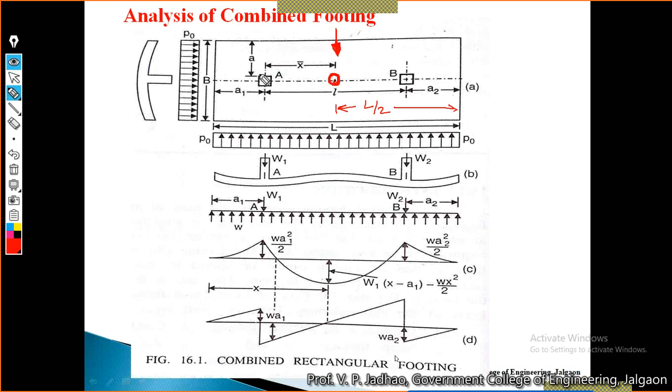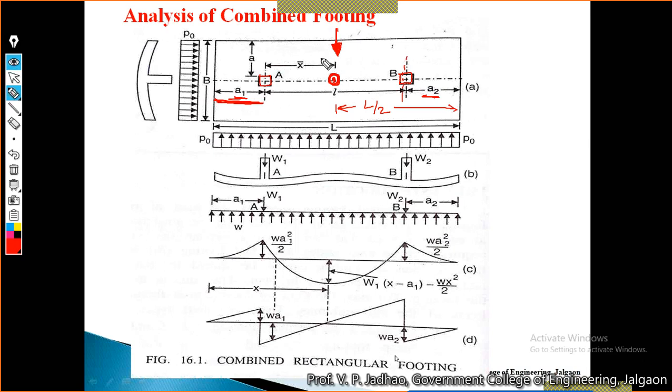So we will be positioning column A and column B in such a manner that the CG of the load coincides with the CG of this footing. We'll have two extensions beyond the columns. On the left side we'll consider the extension as A1, and the extension of the footing beyond column B we'll consider as A2.